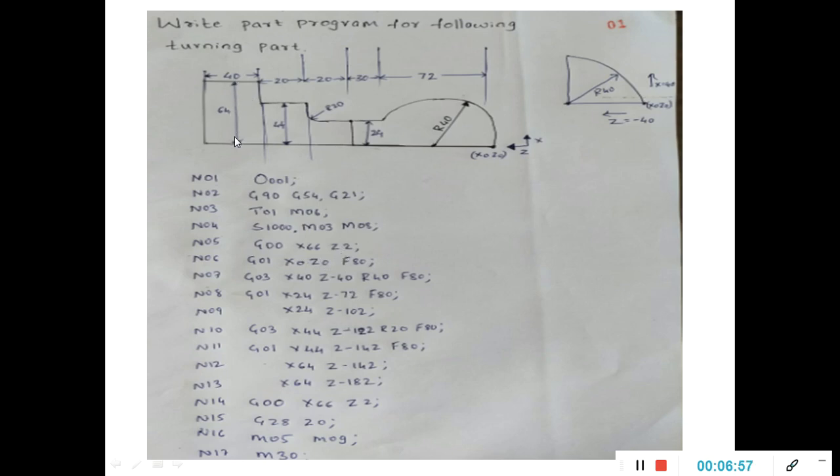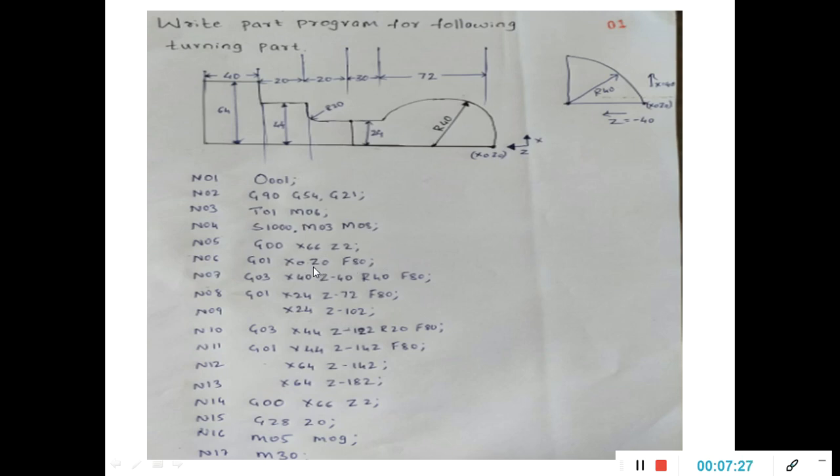The total height of the workpiece is 64, meaning the workpiece is 64 up to here. I have mentioned 66, which means 2 mm above, and Z2. So here it is Z0, here is the Z minus value, and here it is the Z plus value. The tool should come from the work offset value, rapidly come here and stop at the coordinates X66 Z2.